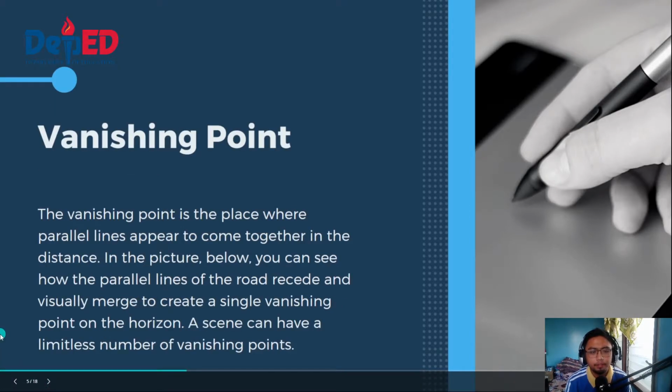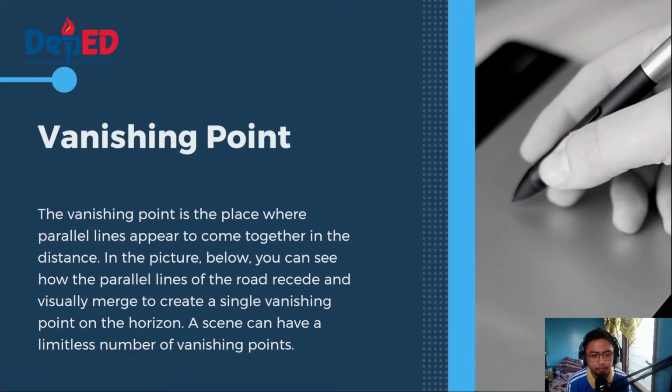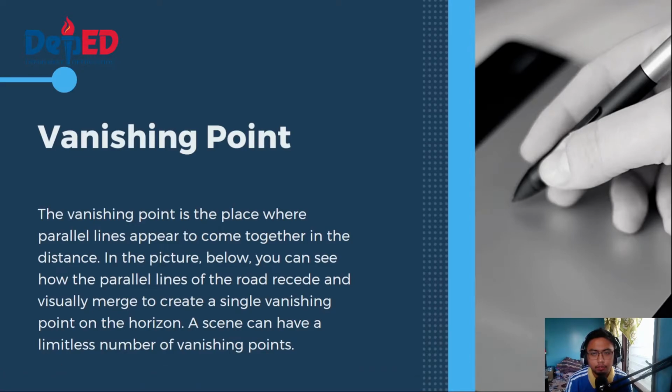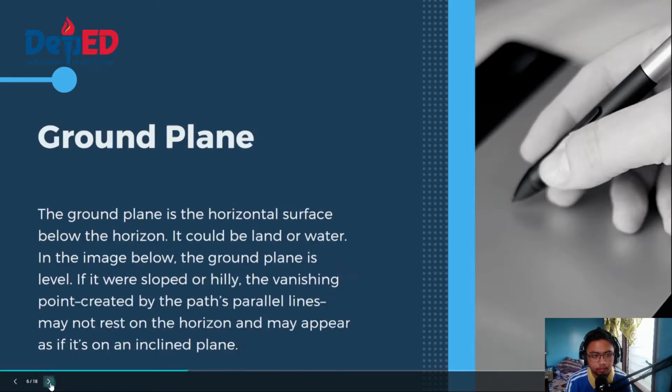And then we have vanishing point. The vanishing point is the place where parallel lines appear to come together in the distance. Later I'll show you a picture of this. A scene can have a limitless number of vanishing points. A vanishing point has a purpose in perspective drawing, so we'll talk about it later.